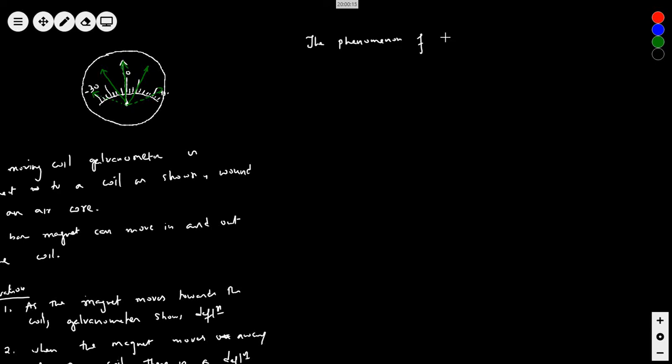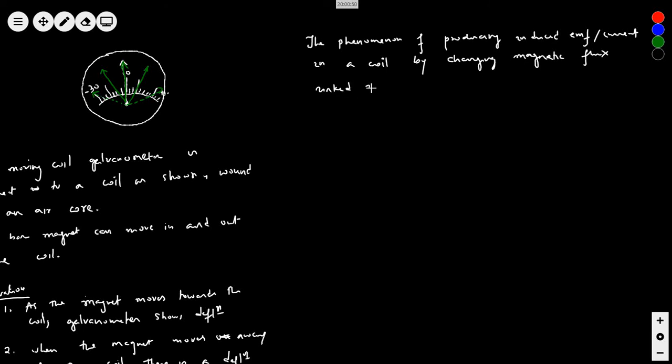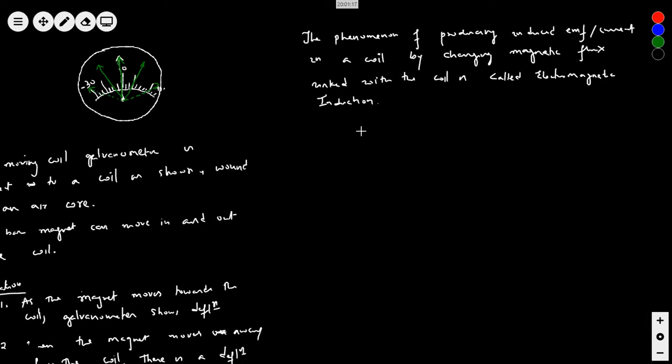The phenomenon of producing induced EMF, or electromotive force, or current in a coil by changing the magnetic flux linked with the coil is called electromagnetic induction.